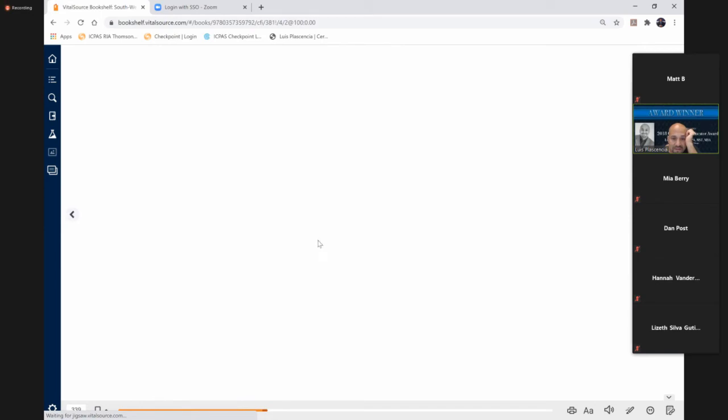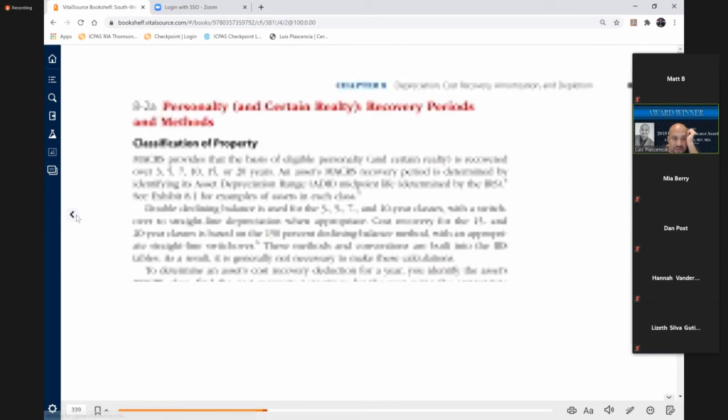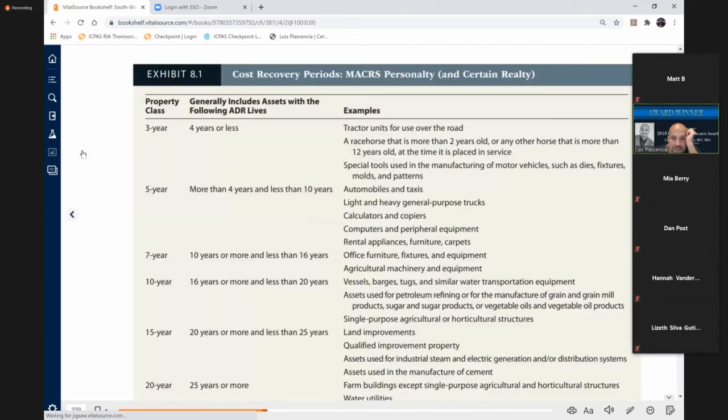Again, here's just a different classification. And here's the different conventions. It talks about the conventions. Yeah, I can't find it. No, this isn't it.